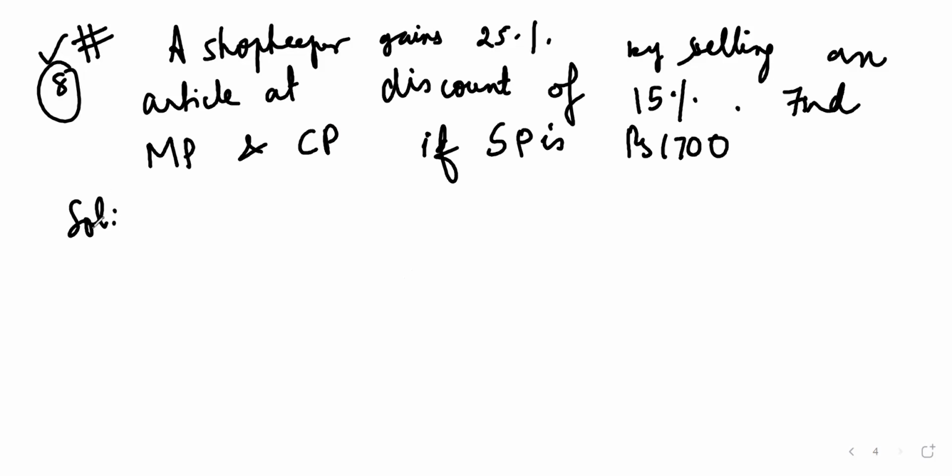The shopkeeper gains 25% by selling an article at a discount of 15%. Find the mark price and the cost price if the selling price is rupees 7,700.